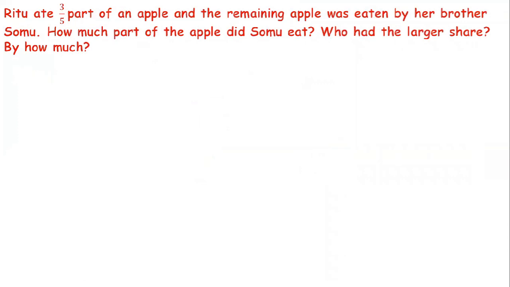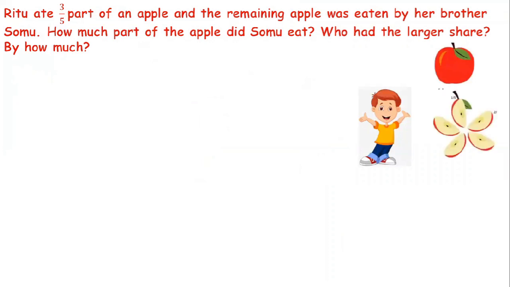Now see here, Ritu ate 3/5 part of an apple. He ate 3 parts out of 5 parts. And the remaining apple, the remaining 2 parts, was eaten by her brother Somu.